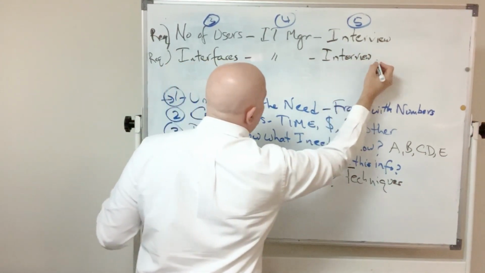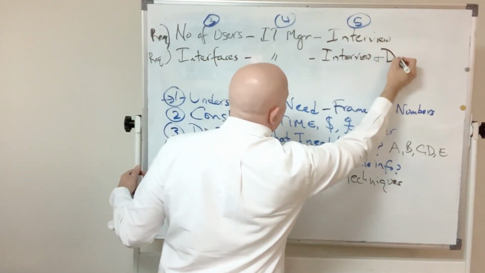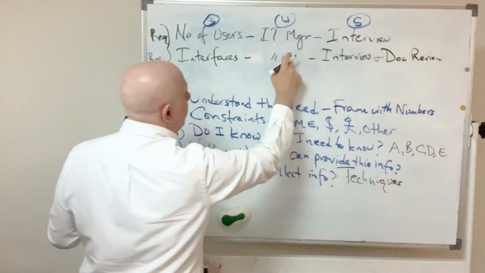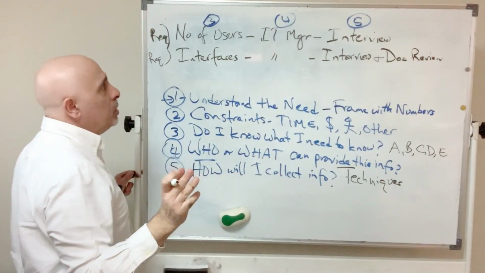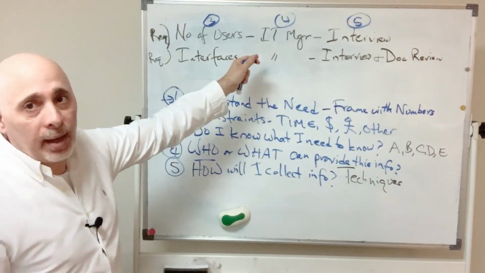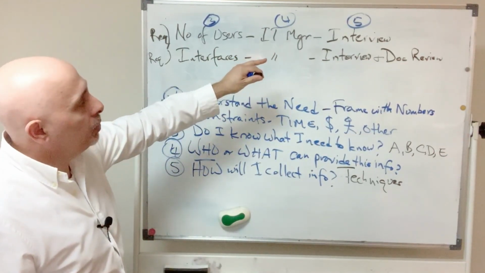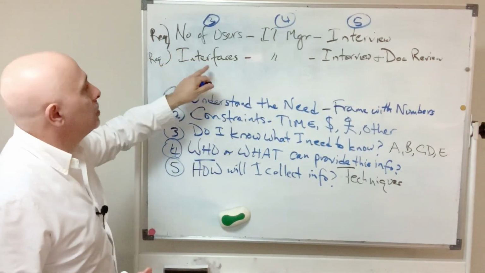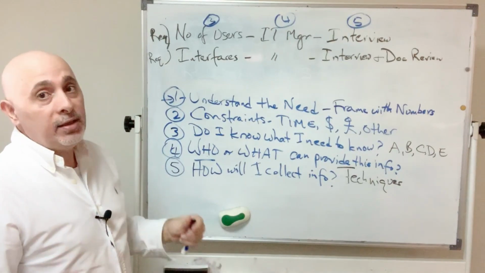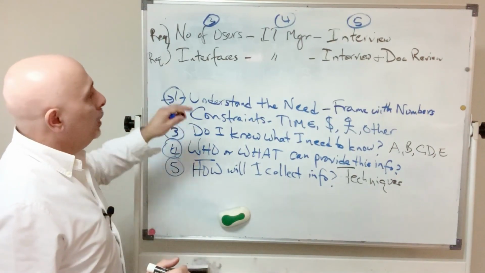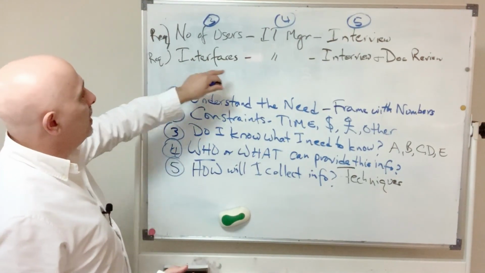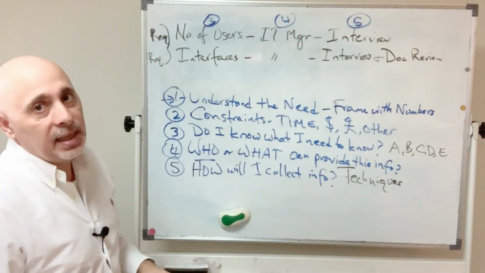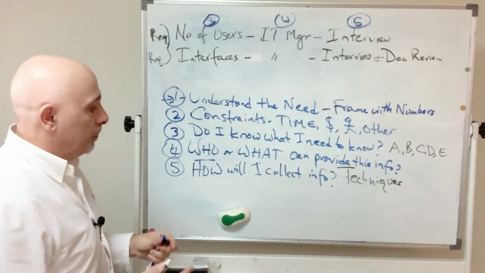But it also could be a document review where you have to review some document with this IT manager. So now you know that if you're going to be meeting with this IT manager, you probably don't want to just talk about number of users. You probably want to discuss the interfaces. So you would plan ahead and let this IT manager know that you're going to also review some documents in case they can get this ready for you.